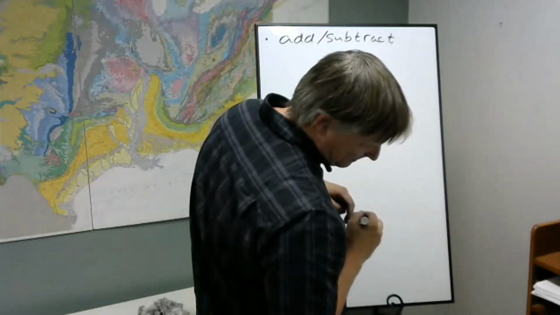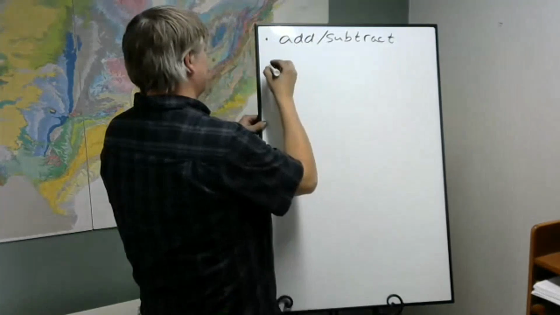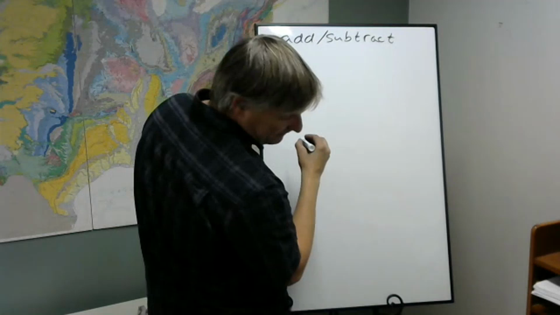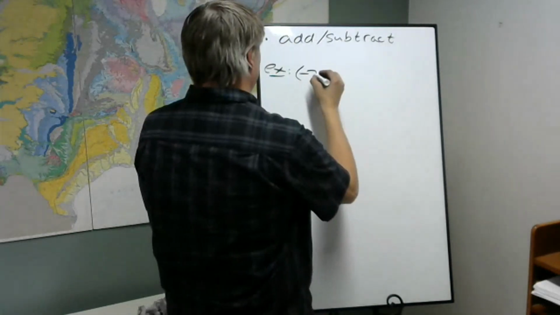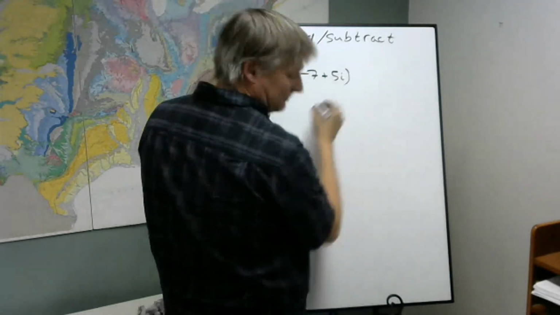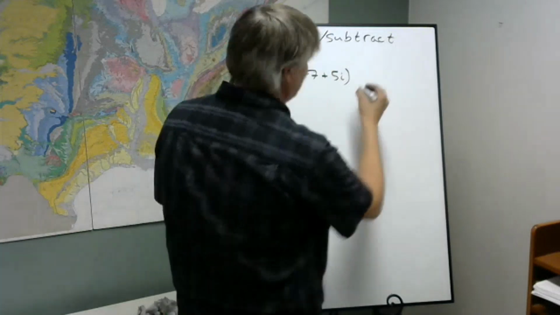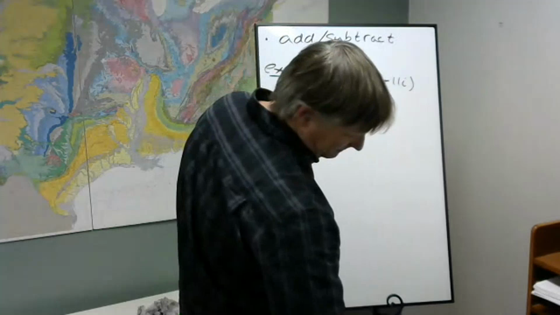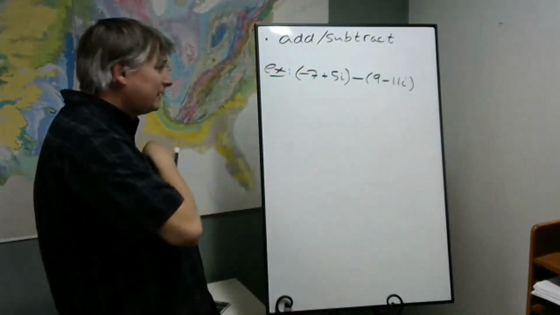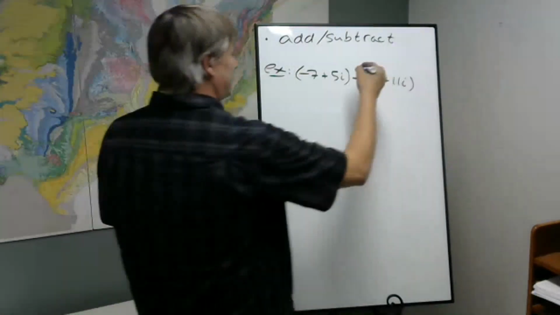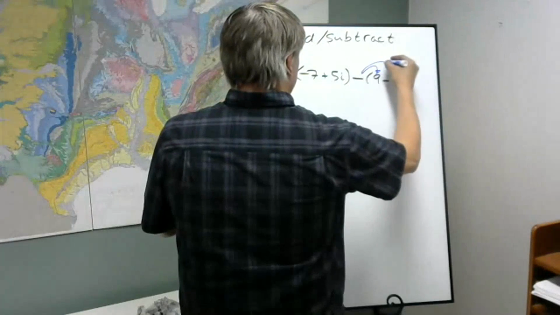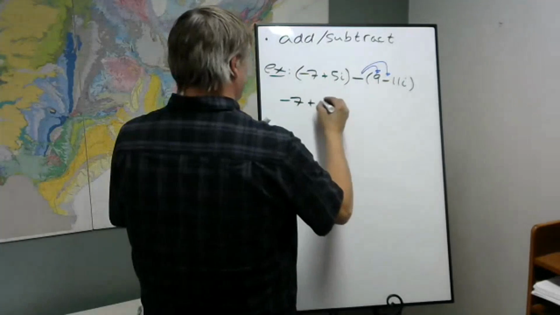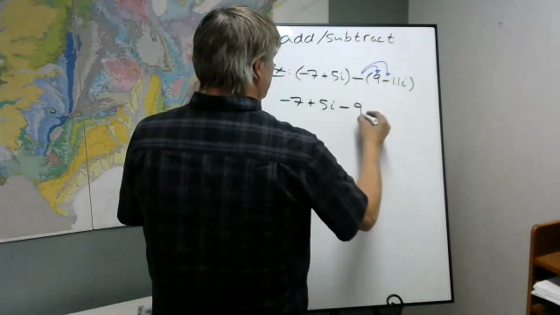Now let's say we have something like this. Now what we're going to do here, we're going to distribute that minus sign. So we'll get negative 7 plus 5i minus 9.